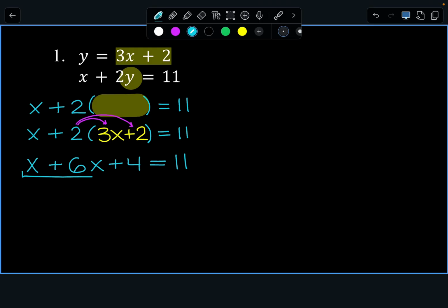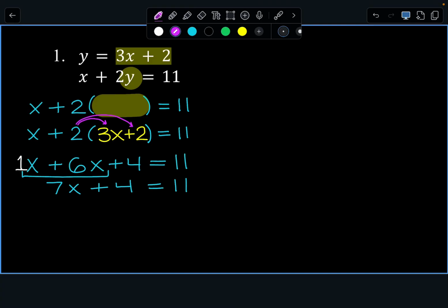We can combine like terms. Remember, this is like a 1x. 1x plus 6x is 7x plus 4 equals 11.